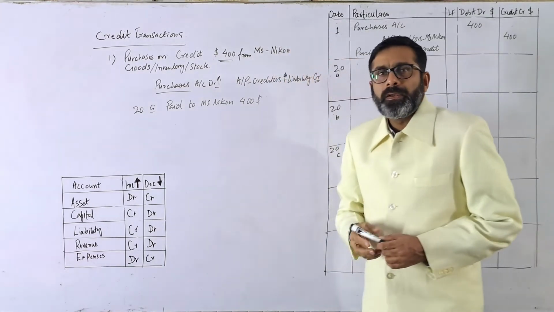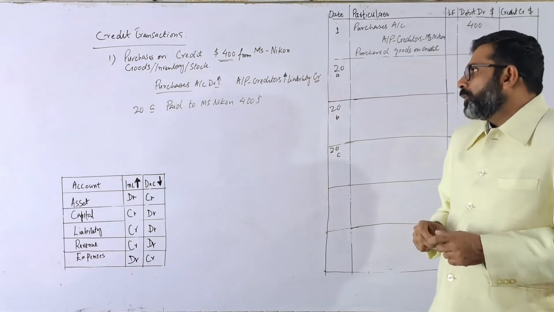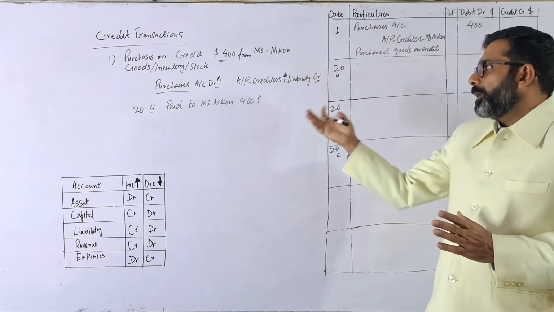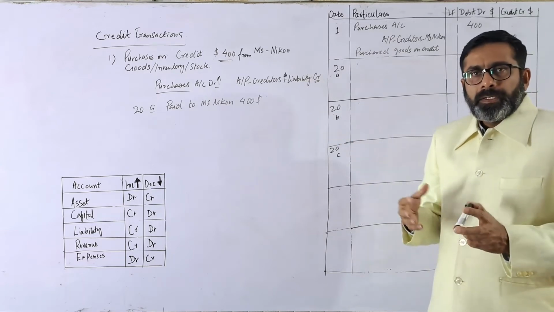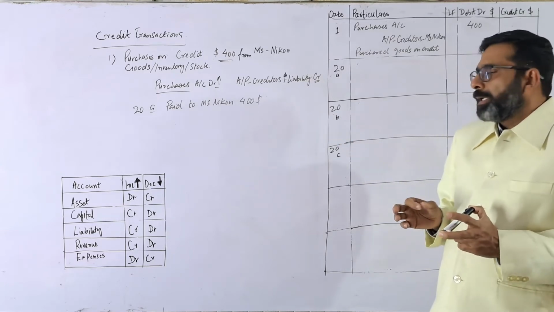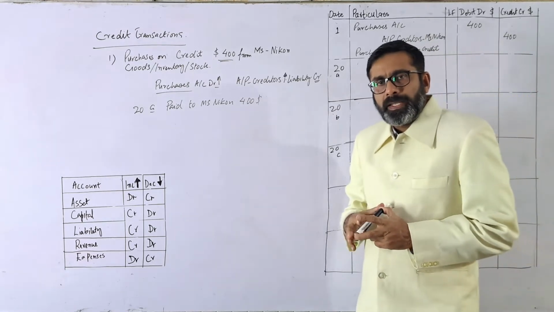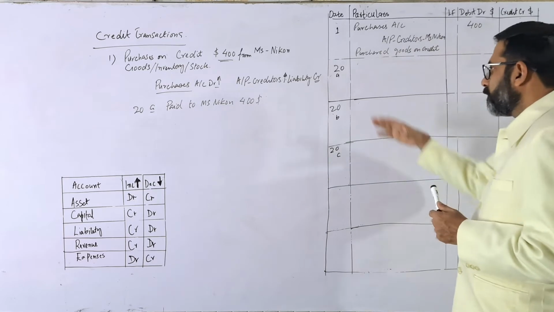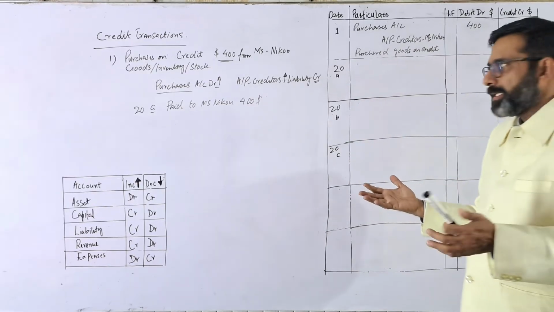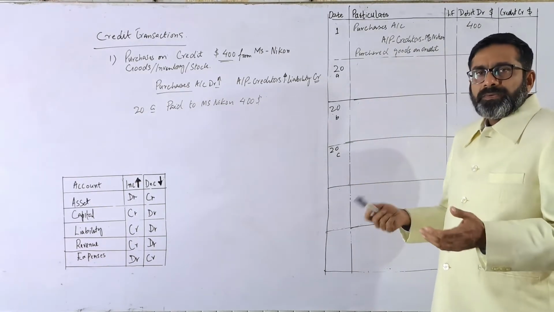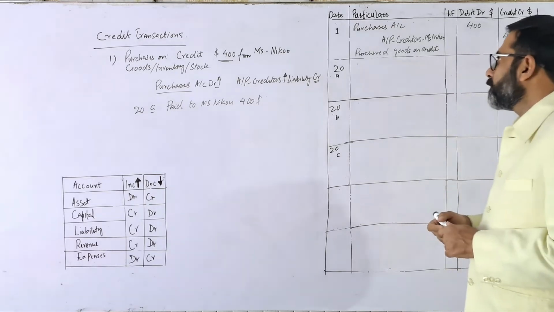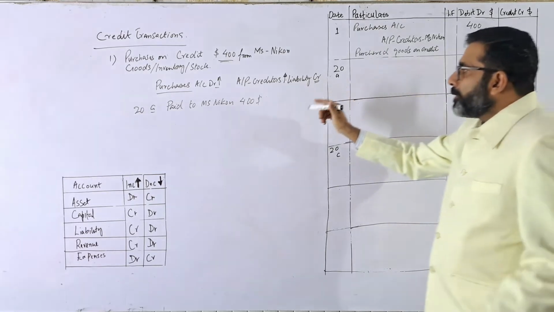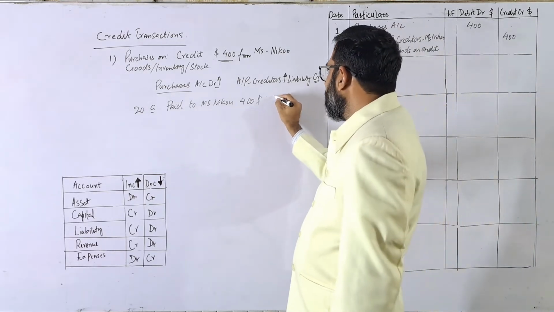We are paying $400 to Messrs. Nikon on the 20th, the due date. So this is the first option. We will again discuss three options, like in sales, of what the possibilities of the payment are. So here we are paying the cash.